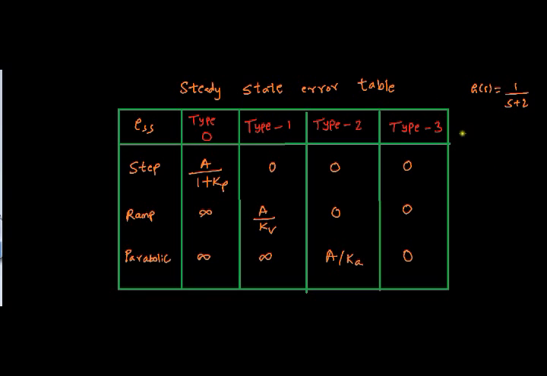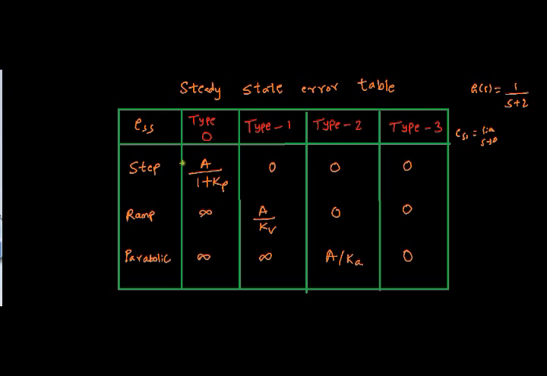Then for my steady state error, you can use that formula, that will become 1 upon 1 plus 1 over s plus 2, with the limit s tends to 0 here. So this is the limit of s tends to 0, s into R(s).